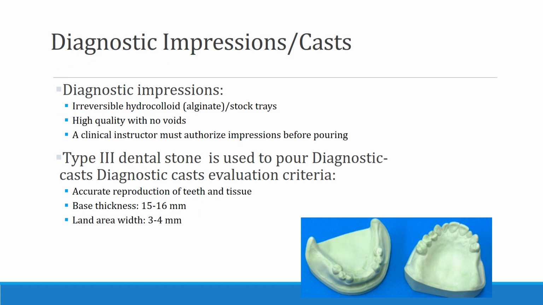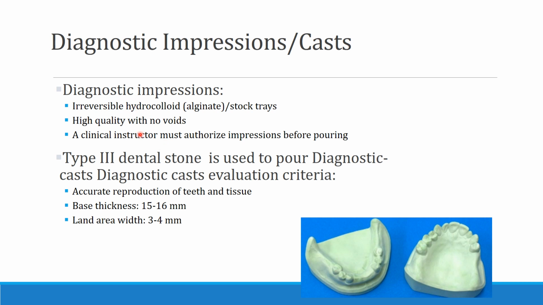All right. So now, talking about the diagnostic impression and cast. So here is an example of the diagnostic impression and cast. In general, the diagnostic impression is usually taken with an alginate and a stock tray, high quality with no voids.